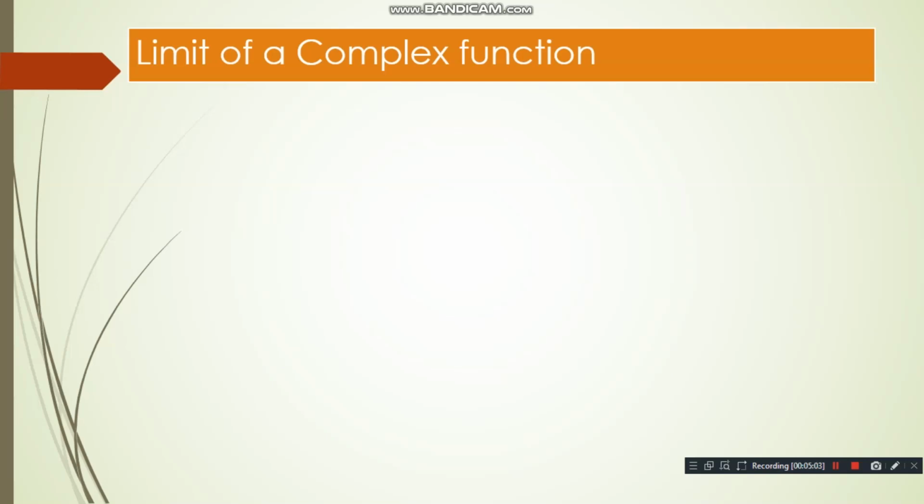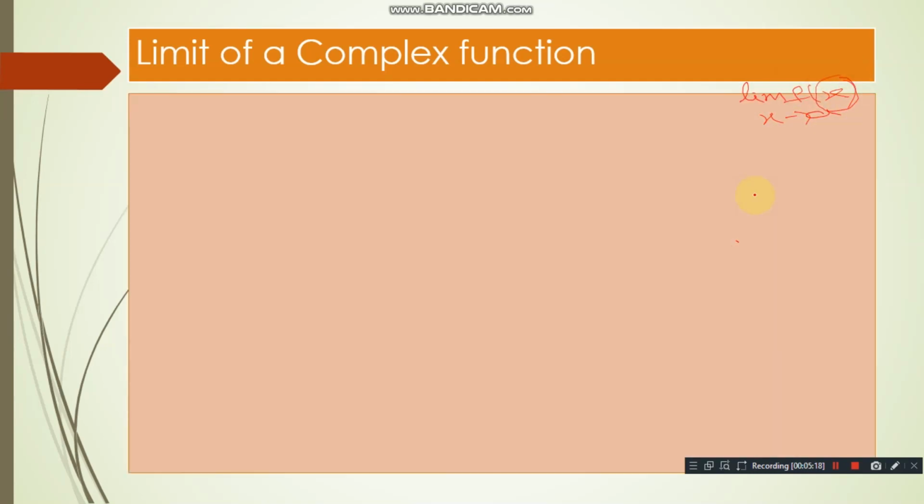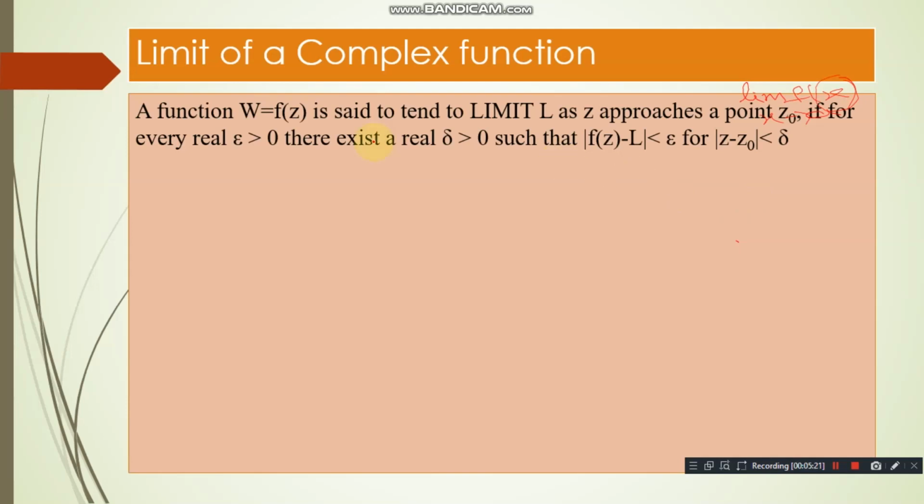Now let us see what is meant by limit of a function. Generally, in real function, limit f of x, as x tends to a we will take, right? But see what is here, f of z. For f of z, a function w is equal to f of z is said to tend to limit L as z approaches to a complex point z0.